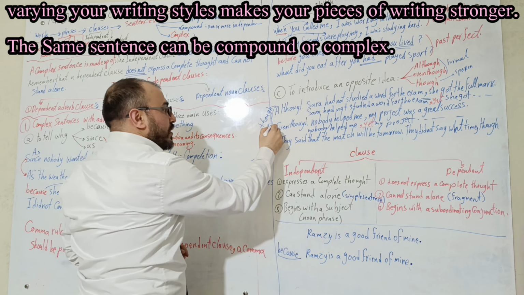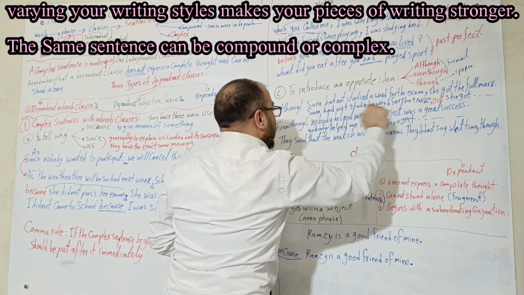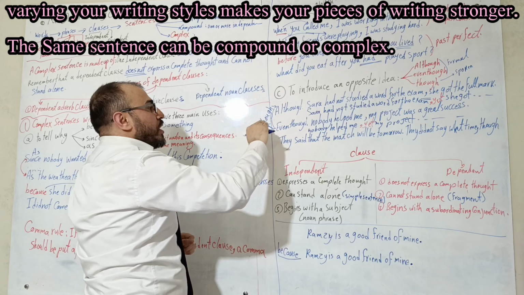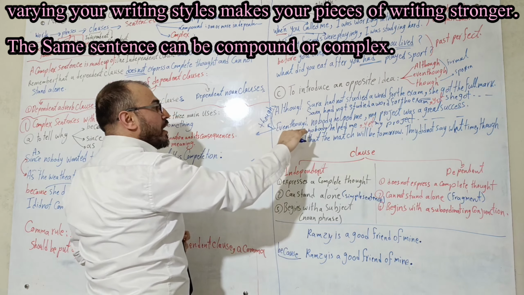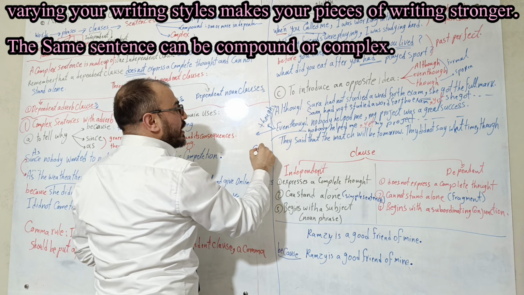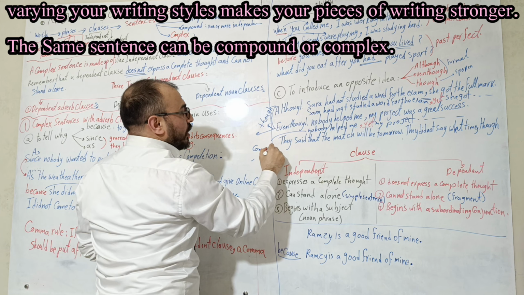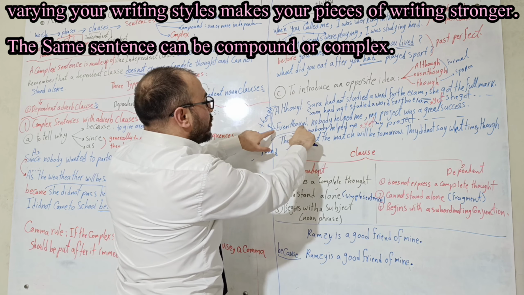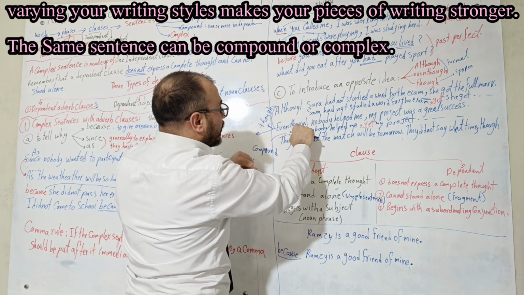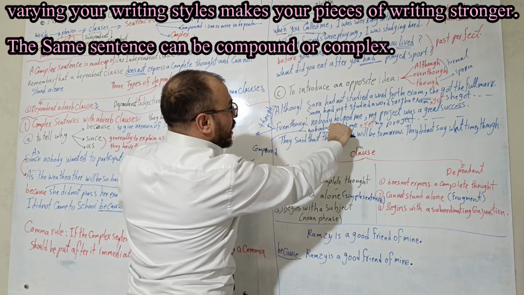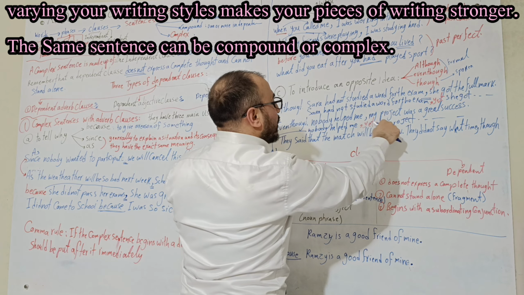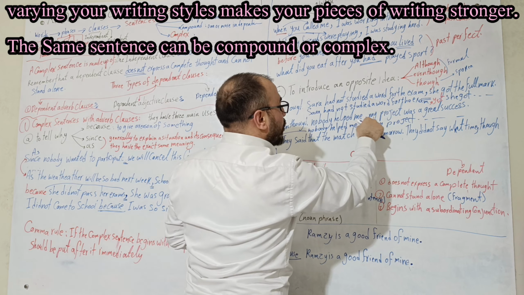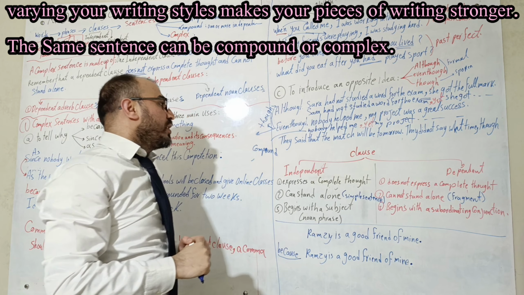And here, my friends, the first sentence is a complex sentence which includes a dependent clause with an independent clause. And here we have a compound sentence. As long as I don't use a subordinator here, the clause becomes independent, and I have two independent clauses in one compound sentence which are linked with a coordinator.